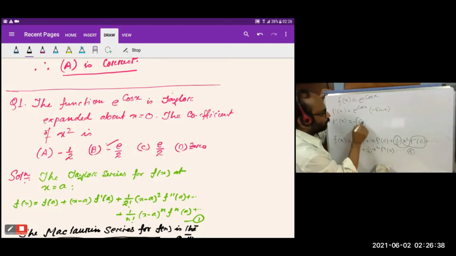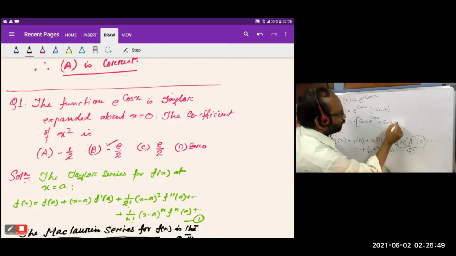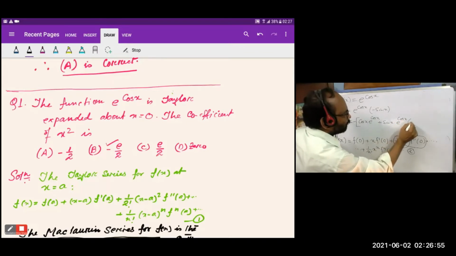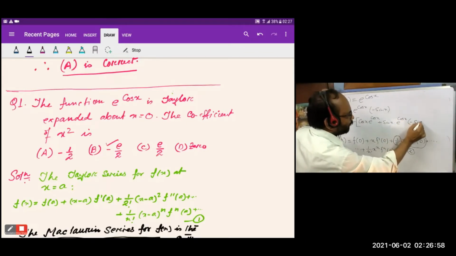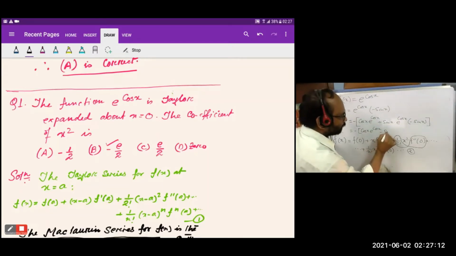Derivative of sin x is cos x, e to the power cos x is constant, plus sin x is constant. Derivative of e to the power cos x is e to the power cos x times minus sin x. That gives me cos x e to the power cos x plus minus minus sin square x e to the power cos x.